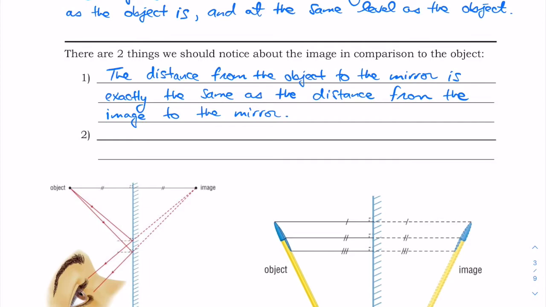And one more thing to notice is that the line going from the object to the image is perpendicular to the mirror surface.